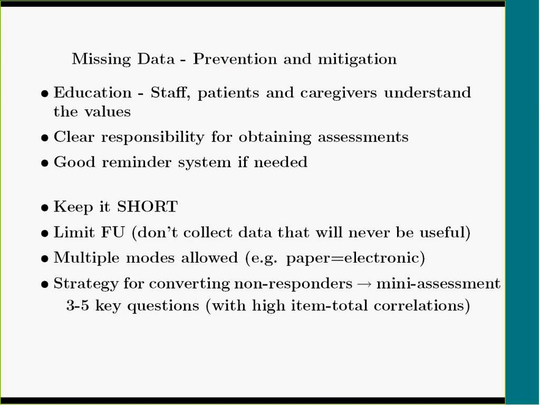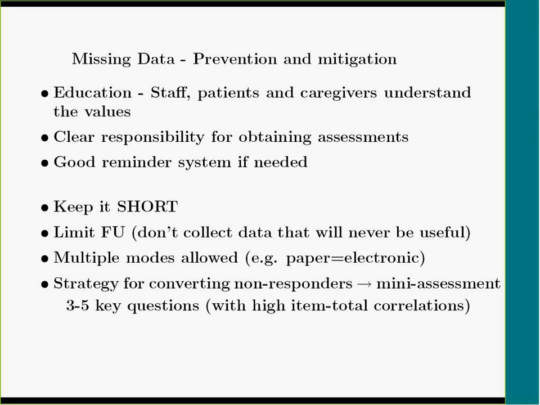Anything we can do to prevent or mitigate missing data is obviously going to be desirable. It includes things like educating staff, patients, and caregivers to really understand the value of what we're collecting and why we're collecting it. There also needs to be a clear responsibility for obtaining assessments.